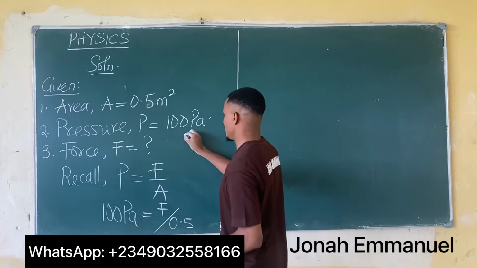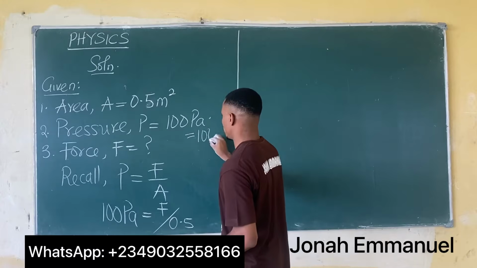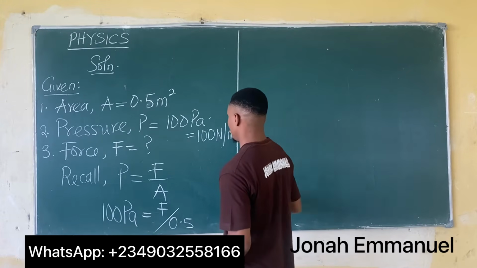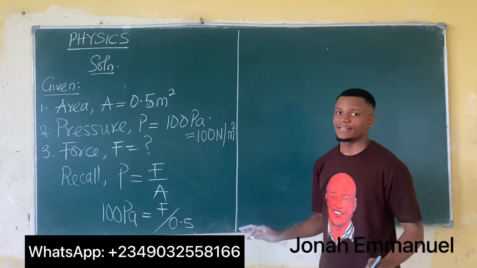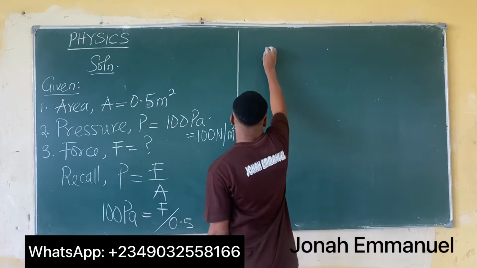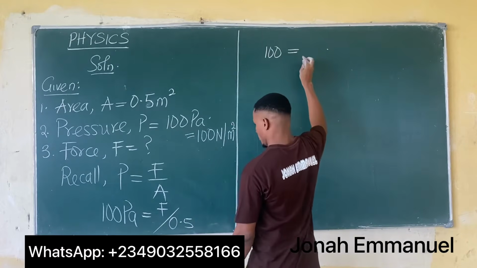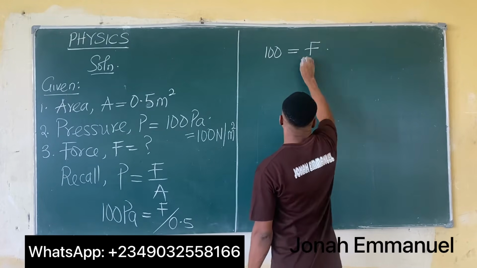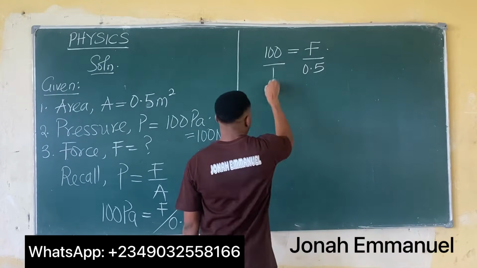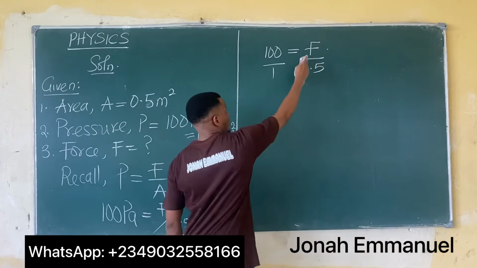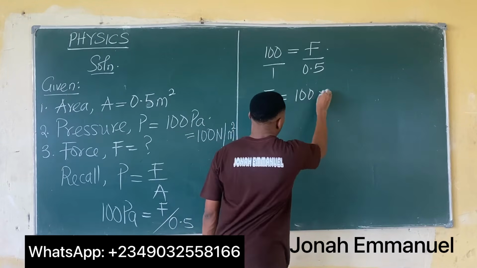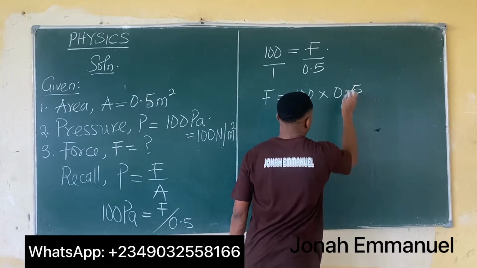Pascal, we said, is the same thing as Newton per meter square. In other words, I don't have to convert again. So hence, from here, I'll be having that 100 is equal to force all over 0.5 over 1.